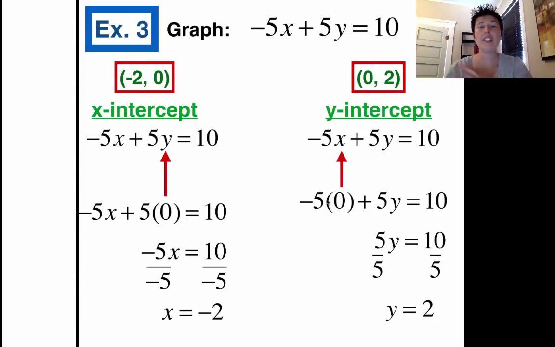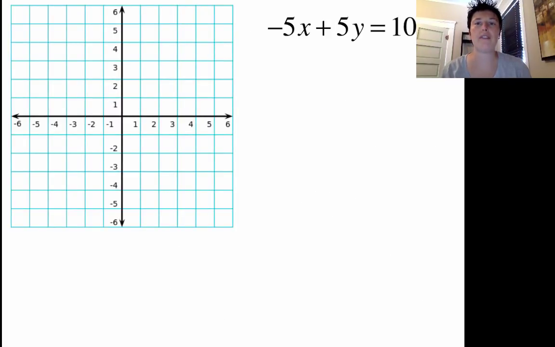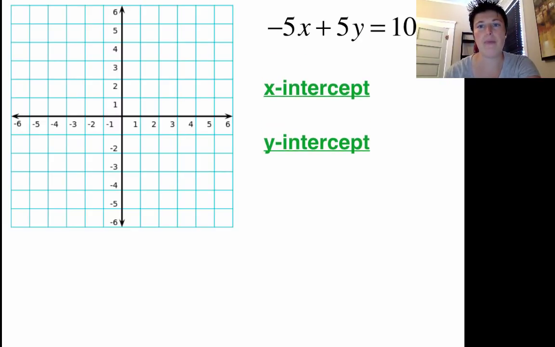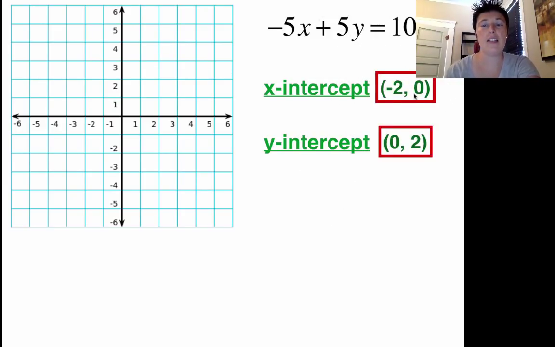Now, I haven't done anything else, but with just those 2 points, I can easily make a graph now. I'm going to grab a ruler and set up this xy axis, just like I've been doing in the last couple problems. But now when I go to graph, I'm not going to do my slope and my usual rise and run. I'm going to do my x and y intercept, which we already figured out is at (-2, 0) and (0, 2).